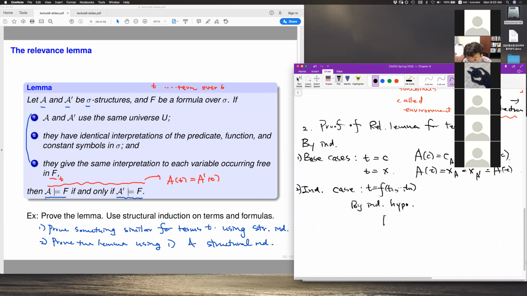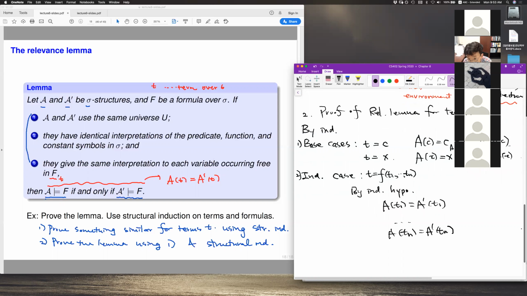we know that A of T1 is equal to A prime of T1, and so on up to A of Tn equals A prime of Tn. Why is that? That's because all the free variables appearing in T1 are going to be free variables in T. Every free variable appearing in T1 is a free variable in T because T is larger than T1.